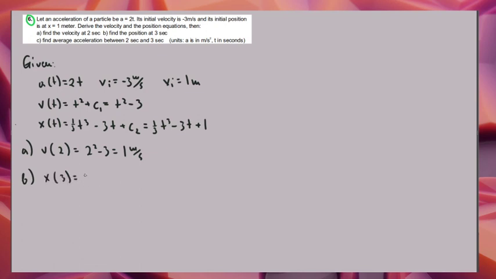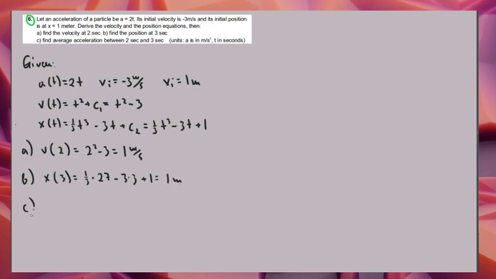This becomes 1/3 times 3 times 3 times 3, that's 27, minus 3 times 3, and then plus 1. So I have 9 minus 9 plus 1, so 1 meter.